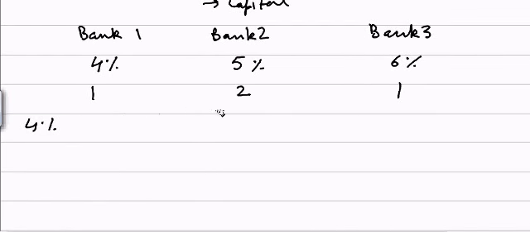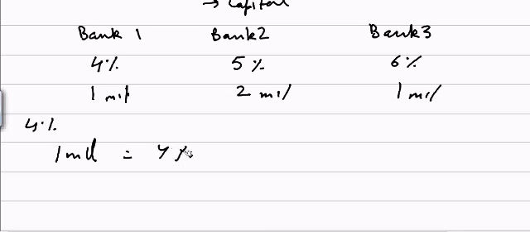So your cost of capital will increase. For the first 1 million, the cost of capital is 4%. When you get 2 million, the cost of capital will now be 4.5%, because you're paying 4% to bank 1 and 5% to bank 2. This is how your cost of capital will increase.